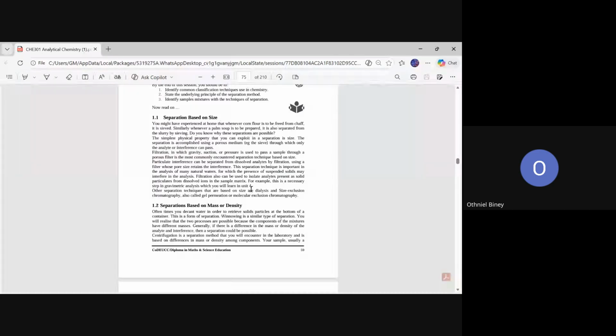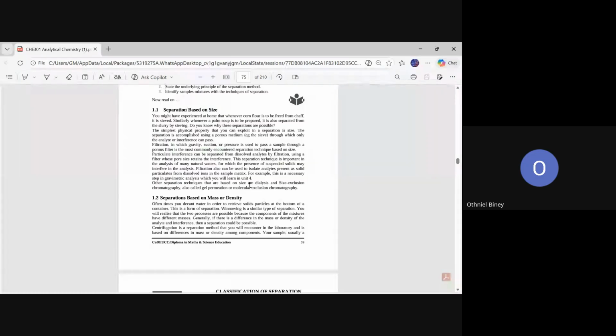Even though we have the separation based on size and all that, we have other means of determining it. That's why it stated that we will learn more about it in unit 4. So this is more or less like reading in a certain sense. If you guys have questions, you can just be posting them on the page. I would answer as and when I see it. So let's continue.